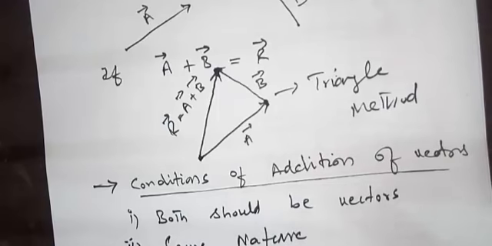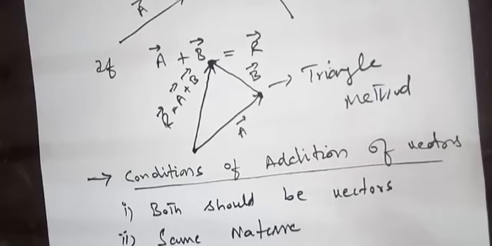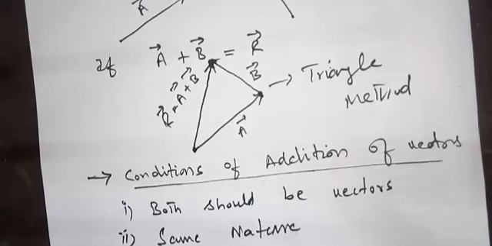So what does this mean? It means the two vectors which are being added must be vectors, and the second condition is the same nature.